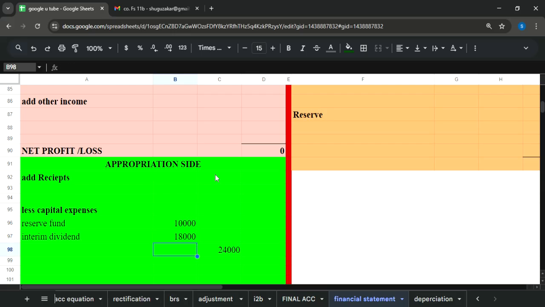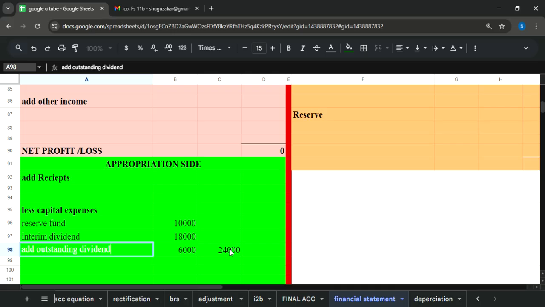So what does that mean? This 6,000 is not paid, and we are still liable to pay this dividend. So we will consider it outstanding dividend. Hopefully you understood. Once again, 3% was the total amount of dividend, 24,000, while 18,000 was present in the trial balance.